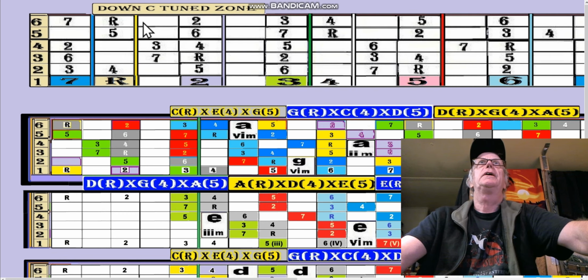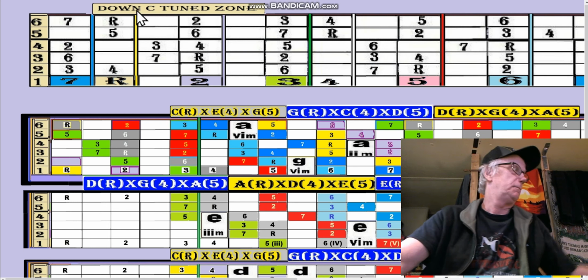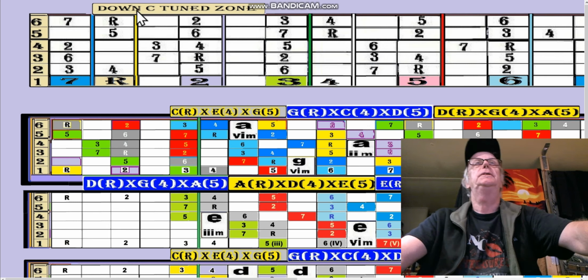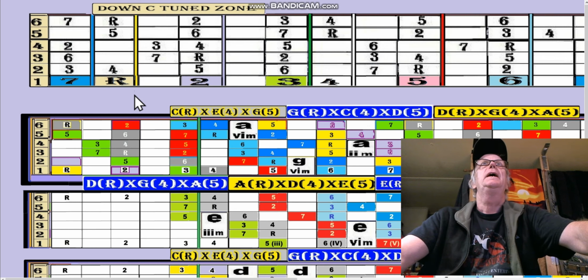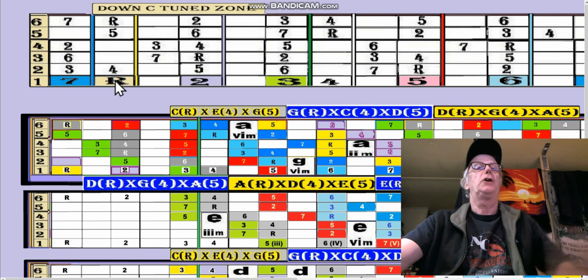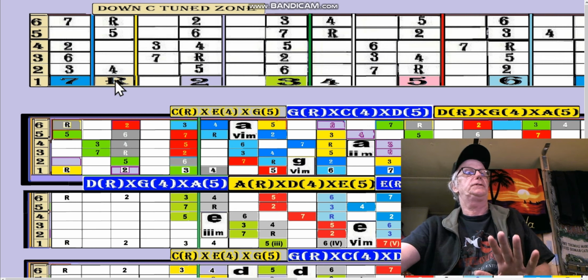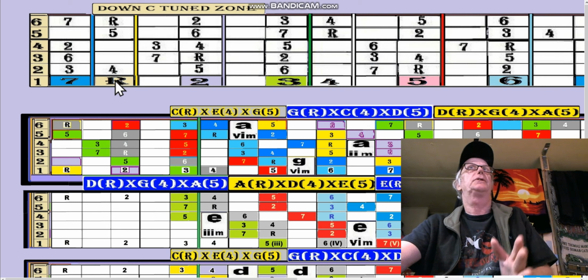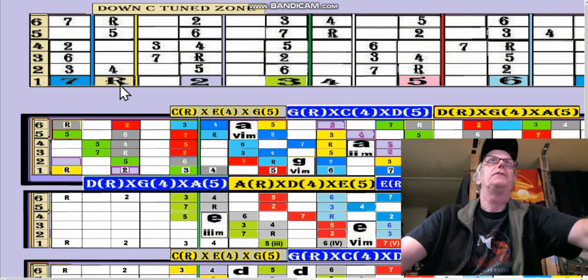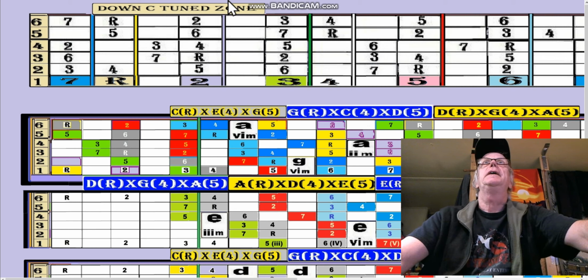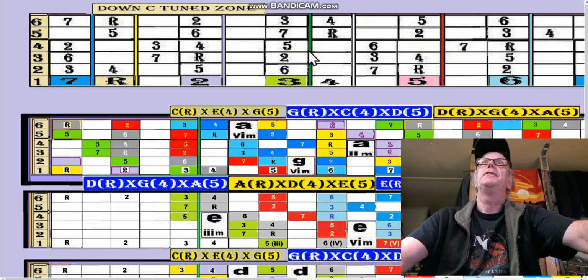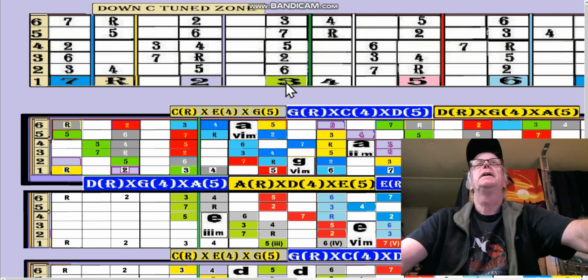If we're over here and this was the fret nut, like on my guitar, then the low E note, if this was the low E note, if this is the fret nut, then it would be the key of E. If this was the fret nut, the E would be the second, it would be the key of D. If this was the fret nut, the E would be the third, it would be the key of C. That kind of thing.